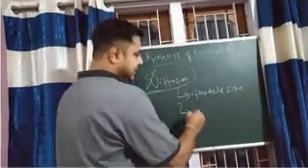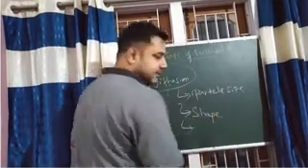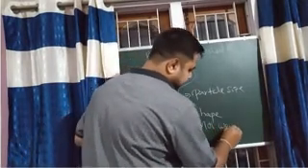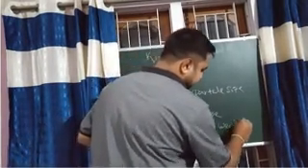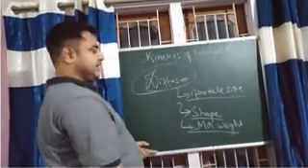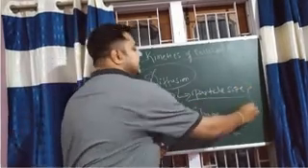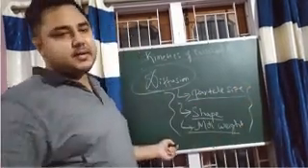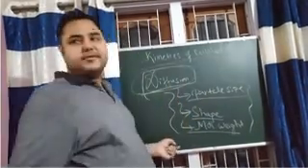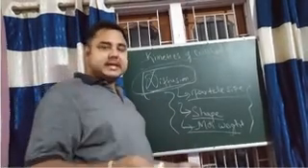Number two, shape of the particle. Number three, molecular weight. These three attributes can be easily studied in the case of the colloidal particle whenever it undergoes the process of diffusion. Is it clear? So we are going to the next part.